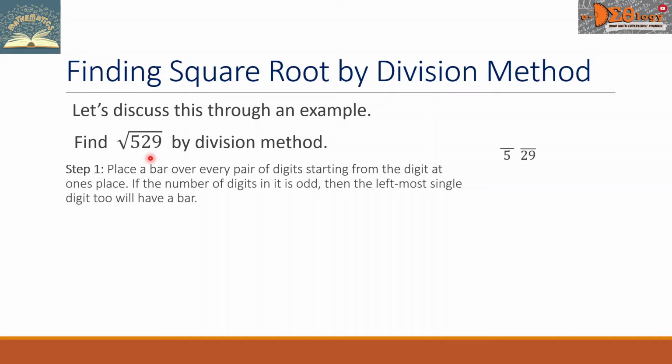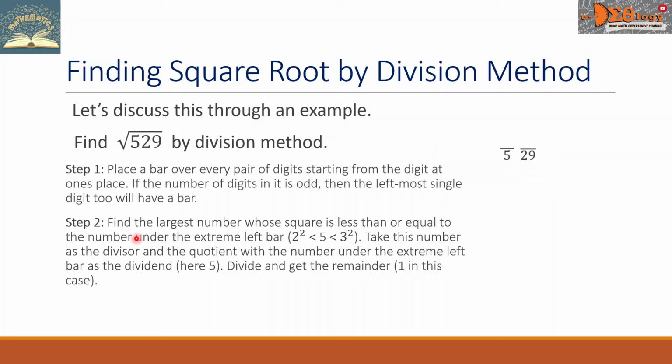In here, our number is 529, so we put 1 bar to the number 29 and 1 bar to the number 5. We can see that there are 2 bars here that represent 2 digits for the square root value. Then step 2.